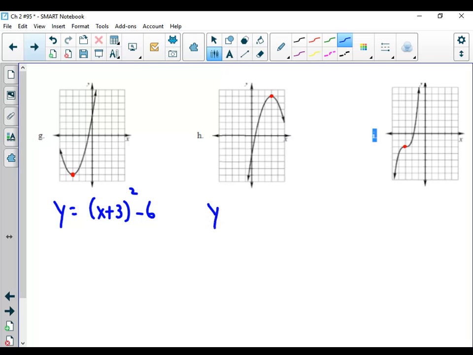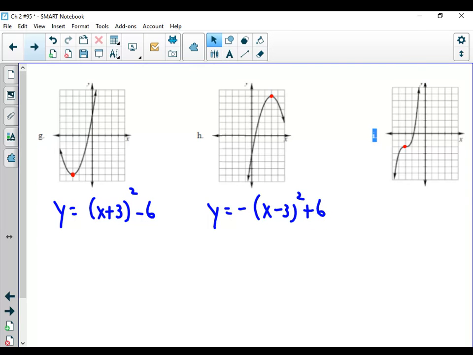I got 3x minus 6. Yep. I got x plus 2. Yeah. x plus 3 squared minus 2. Yep. x minus 3 cubed, squared plus 6. And x plus 3 minus 2. Yep. Yay!